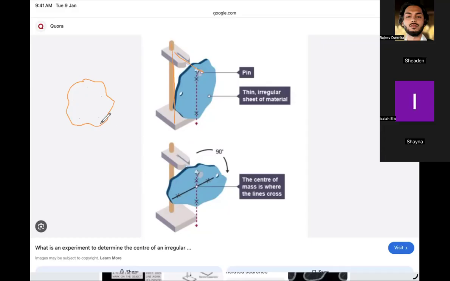Okay, cool. And we're going to take the piece of paper and attach it like this. You all following so far? Yes, sir.